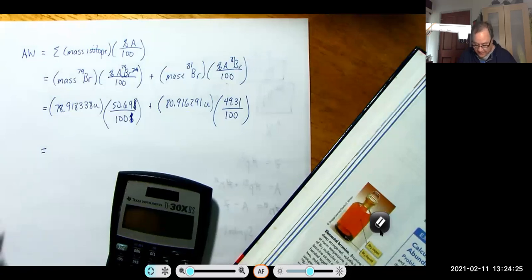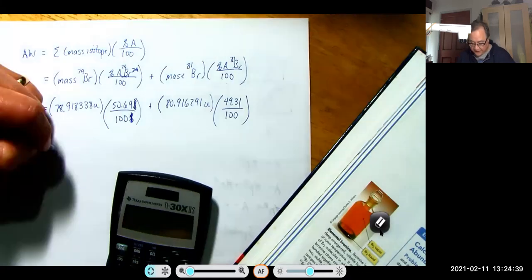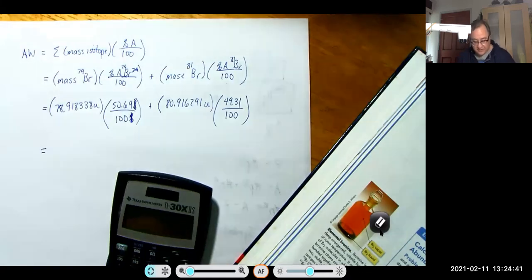So I'm going to plug these into my calculator and see what I get. For the first one, I get a ridiculous number, 400. I know it's not 400, so I did something wrong.